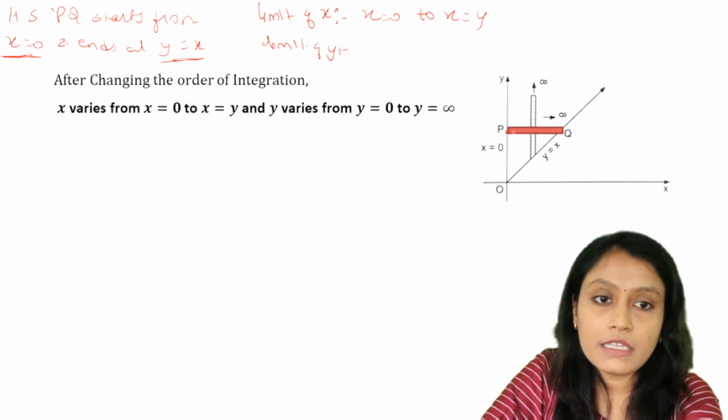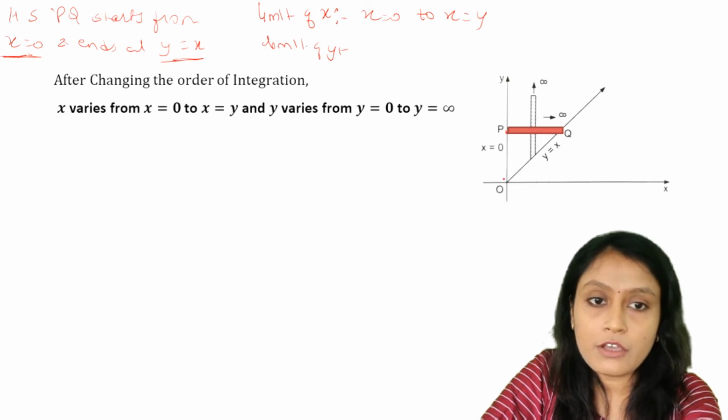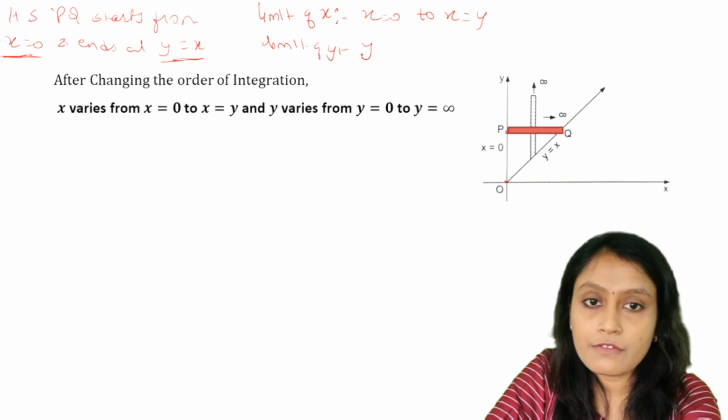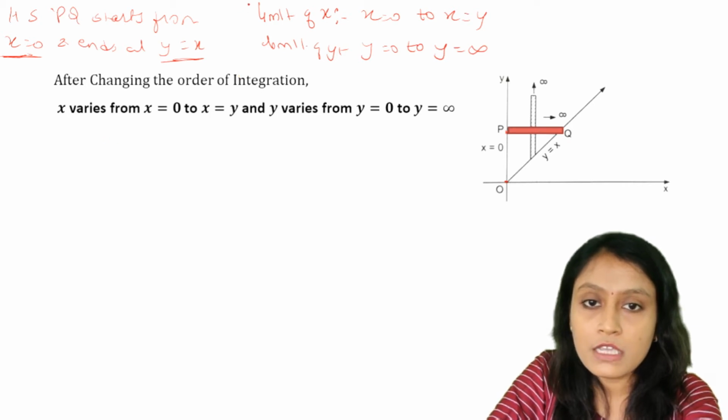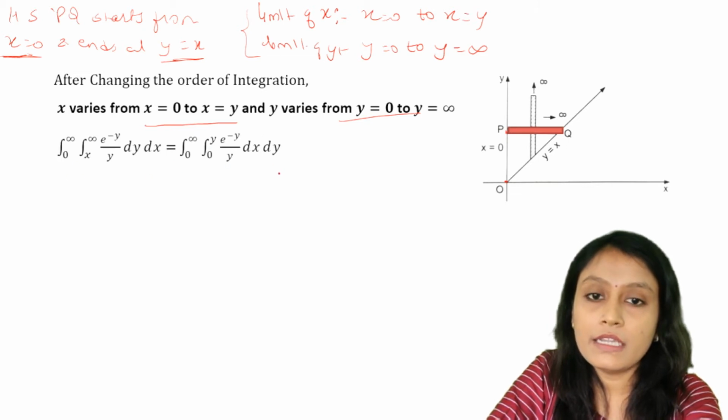Since we are taking this horizontal strip, the limit of y will be from y equals 0 to y equals infinity. So from this new limit, x varies from 0 to y, and y varies from 0 to infinity.